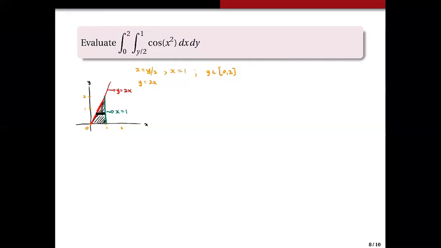We will now change the order of integration. So from the integral from 0 to 2, integral from y over 2 up to 1, cosine x squared dx dy, we want to change this. We still have the double integral, still have cosine x squared, but this time we want dy dx.